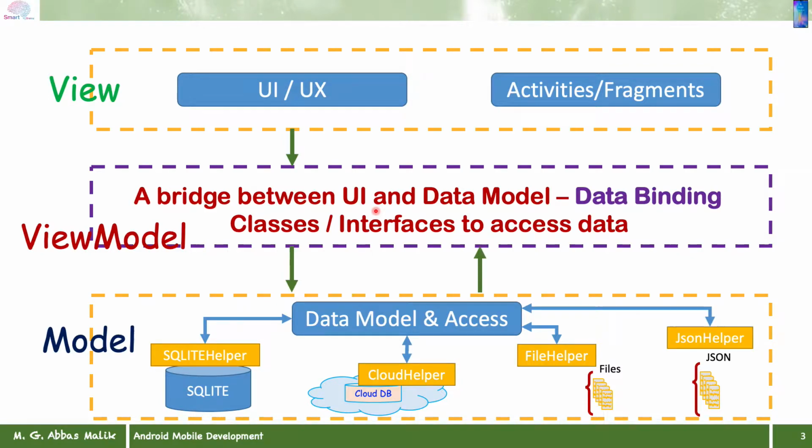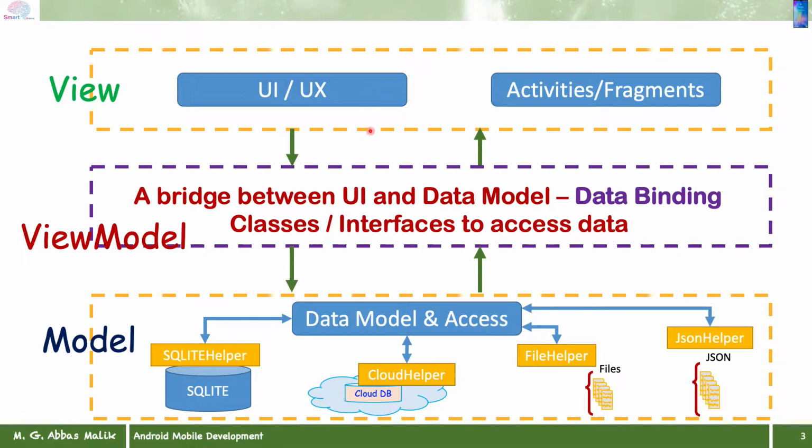The data model accesses the data, whether it is coming from SQLite, the Room database, a file, JSON, some sort of web service, or a cloud. Based on whatever that source of data is, it gives the data back to the view model, and then the view model gives it back to the user interface.